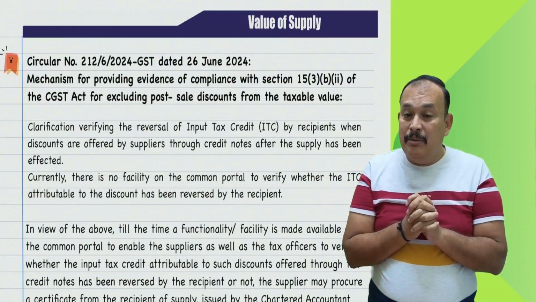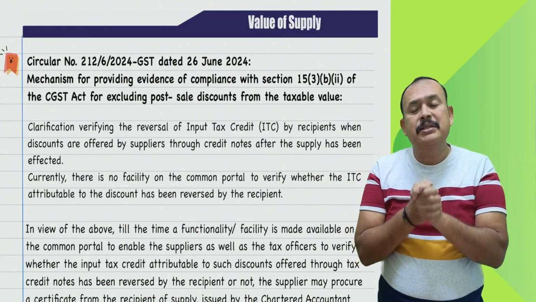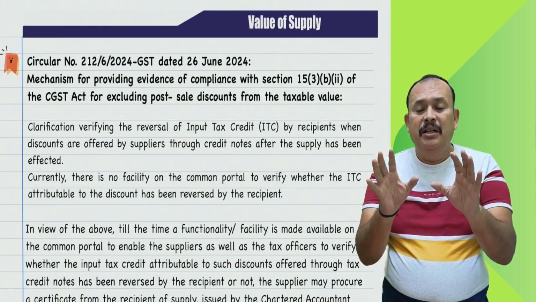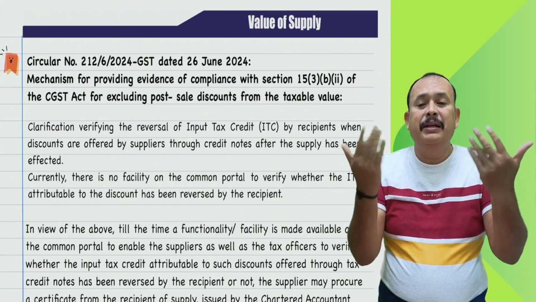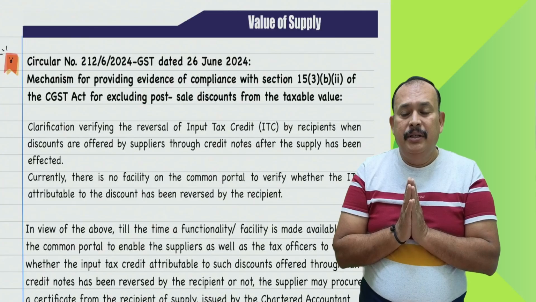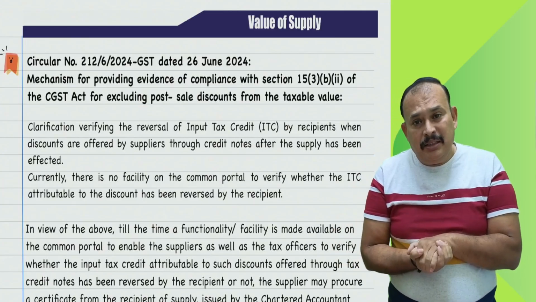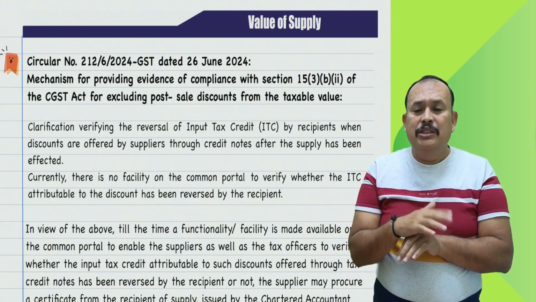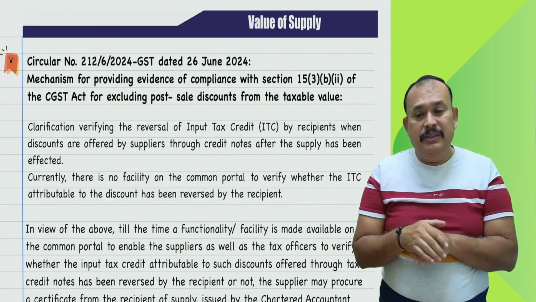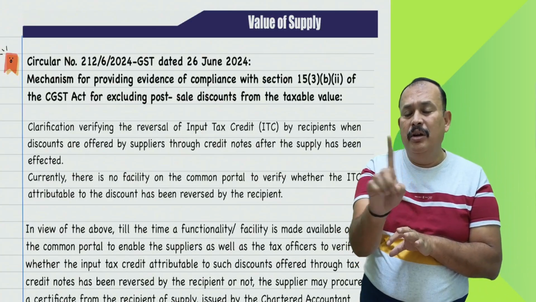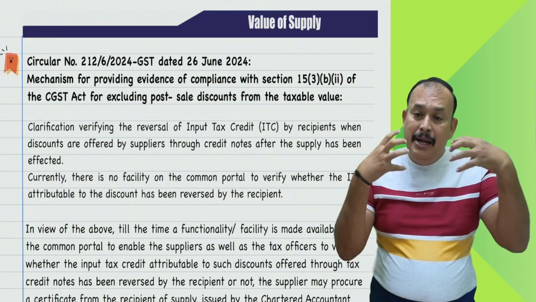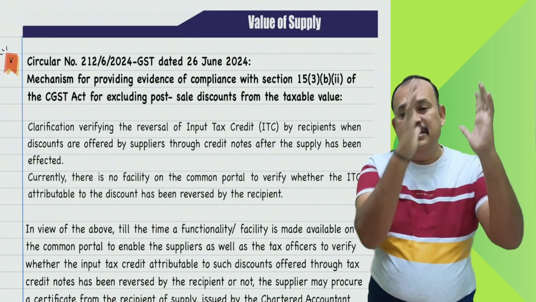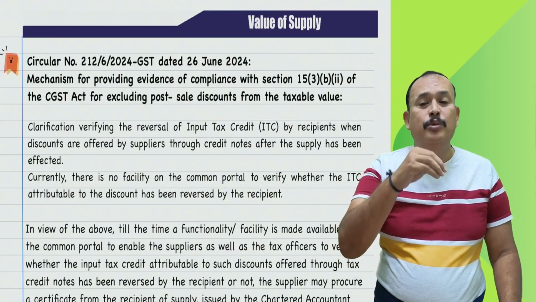In the next month, November, the buyer paid the amount within 30 days, so the buyer is entitled to claim a discount of 10%. 10% on 10 lakhs is a 1 lakh rupee discount. I already paid the GST in October on 10 lakhs at 18%, that is 1 lakh 80 thousand GST paid.